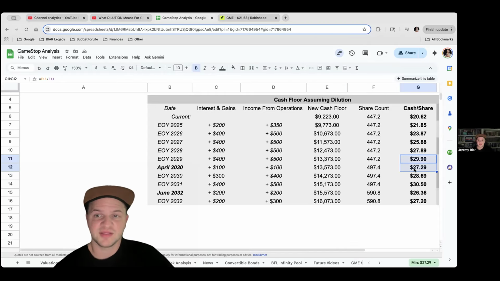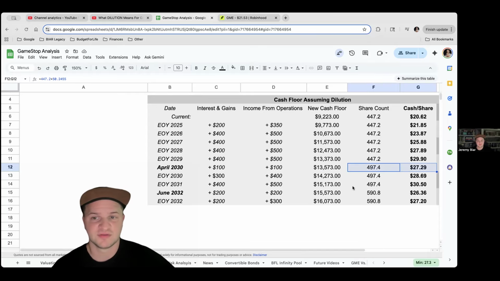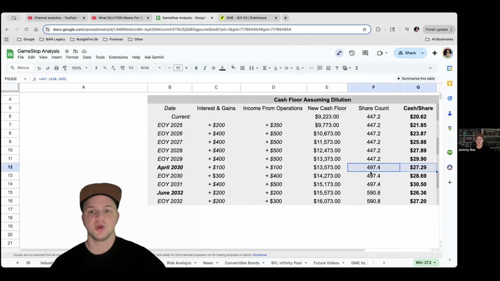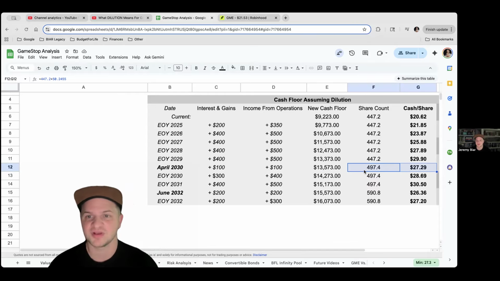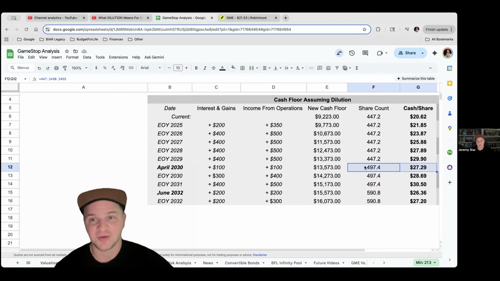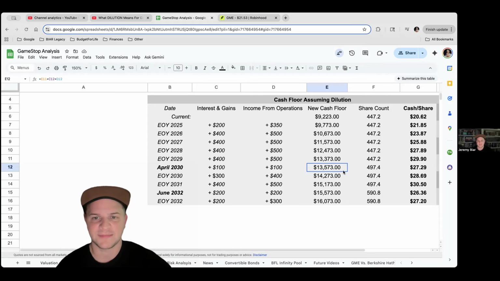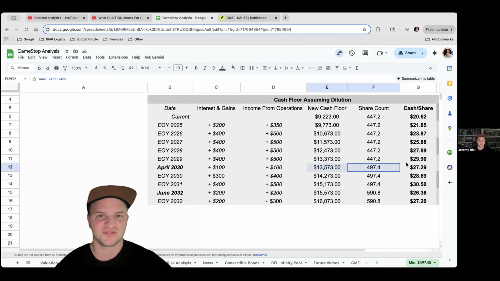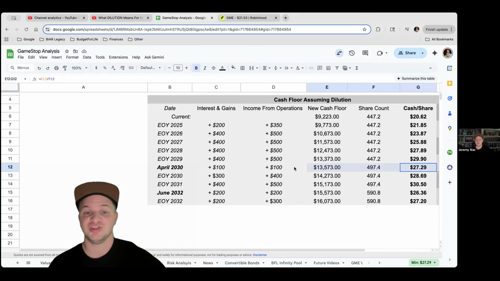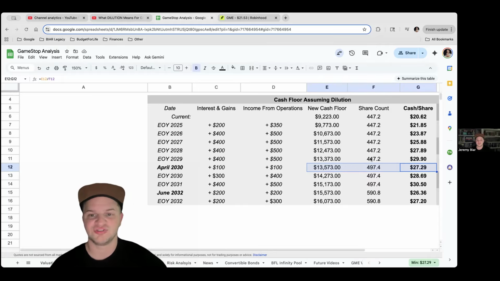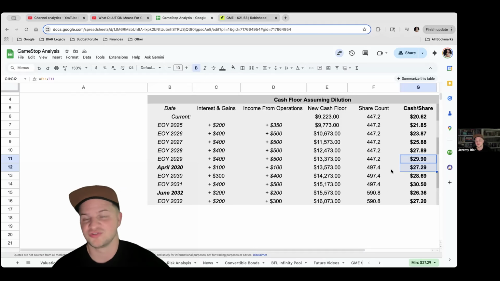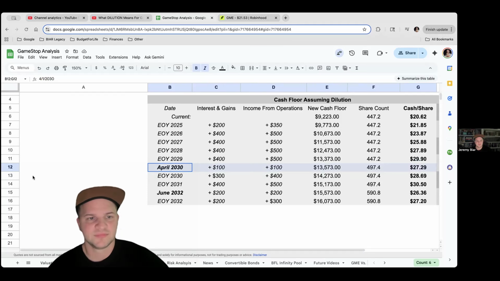So then their cash floor would decrease to $27 per share worth of cash because the share count is increasing, right? The market cap is still growing, but the share count is increasing. And if you didn't value that dilution in advance, you waited for it to come, well, then you would drop in about a $2 per share amount or $2.50 per share amount of cash after that trigger date.